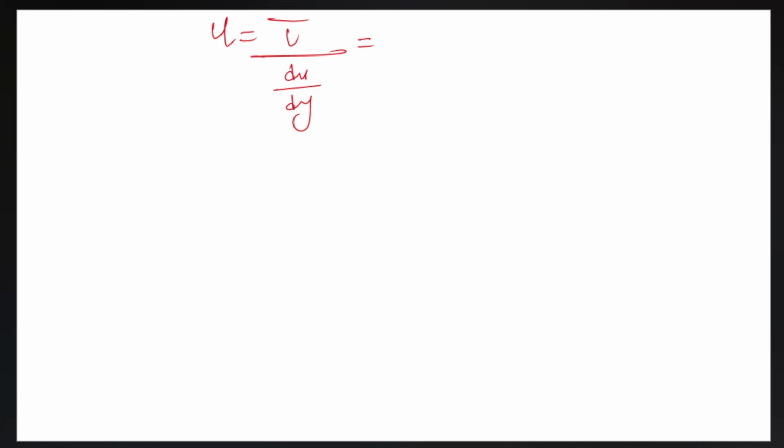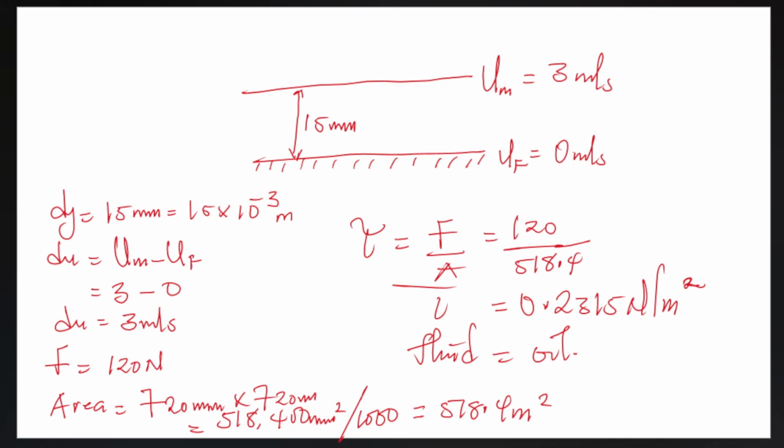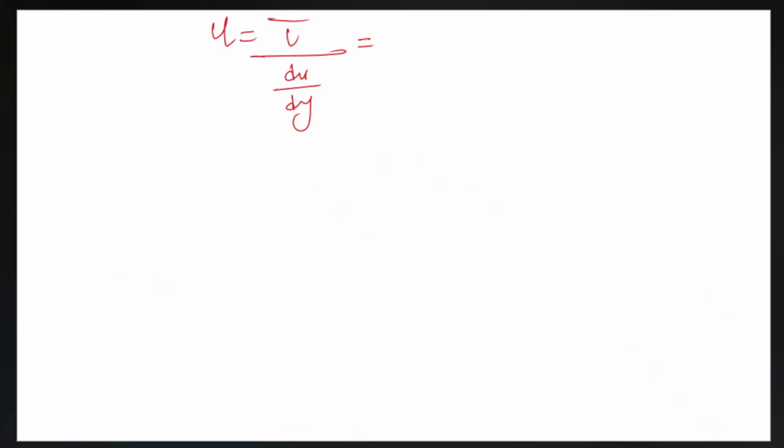So we impute those values into this formula and get our dynamic viscosity. Your tau is 0.2315 Newton per meter square.